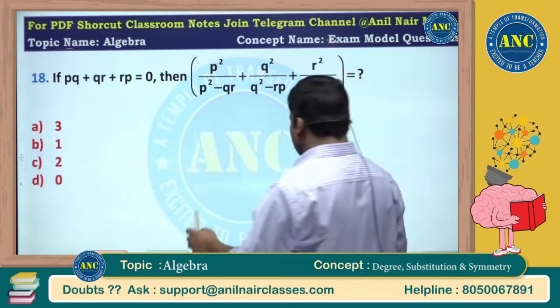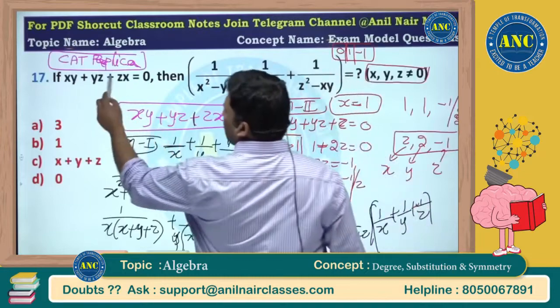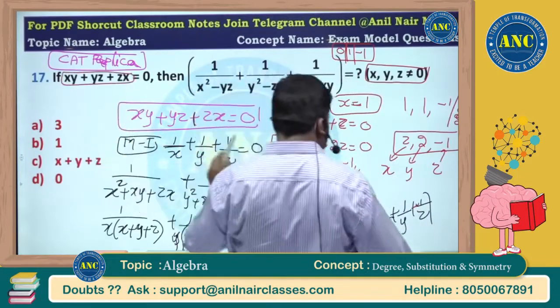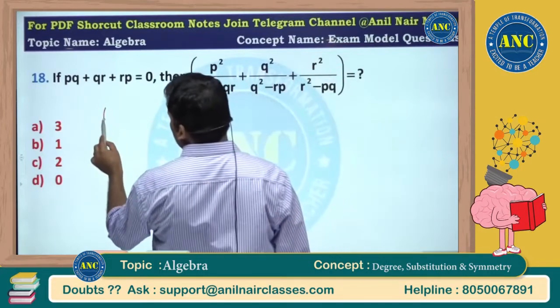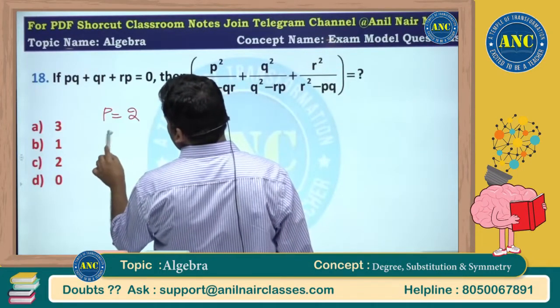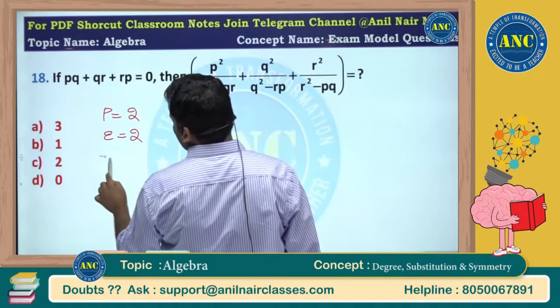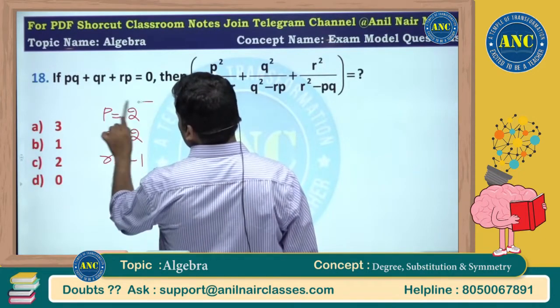Here we will substitute in the same equation: xy plus yz plus zx equals 0, that is pq plus qr plus rp equivalent to 0. p is 2, q is 2, r is minus 1.